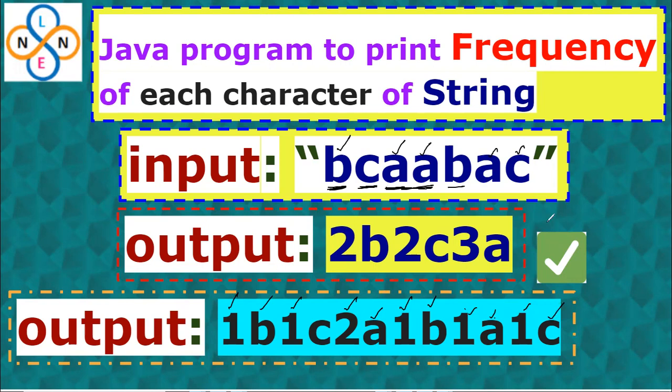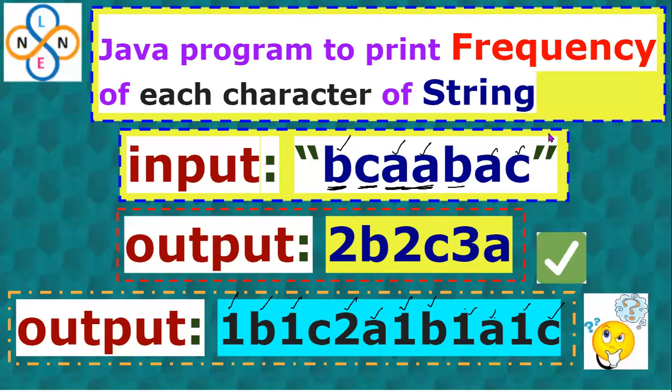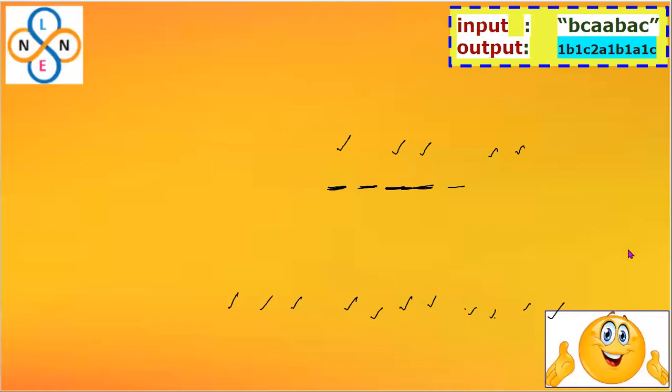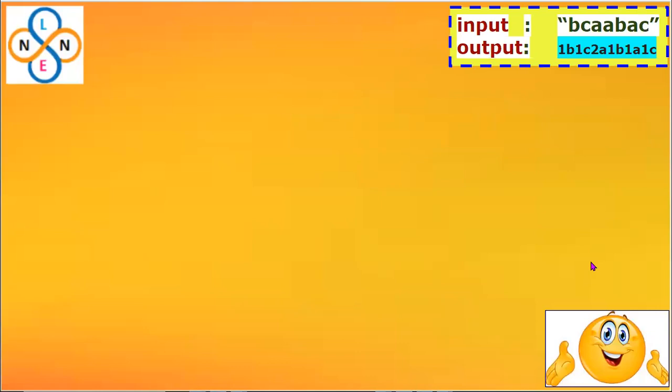Let us understand how to get this. If we take the input as the same thing, BCAABAC, what is the concept behind this? First, consider the first character of the string, B. Then we have to check whether the next character is the same as B or not.